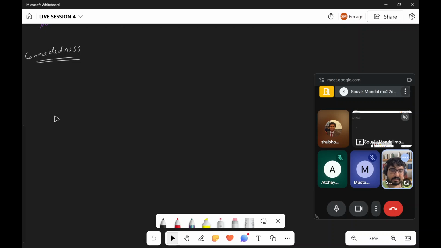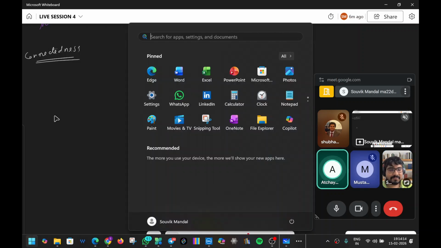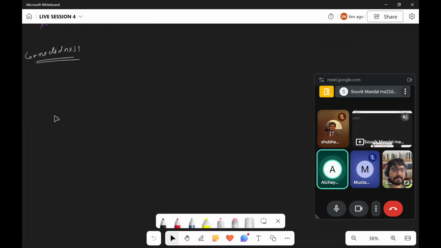Another student: A set is said to be connected if it is the union of two disjoint open sets. Correct.